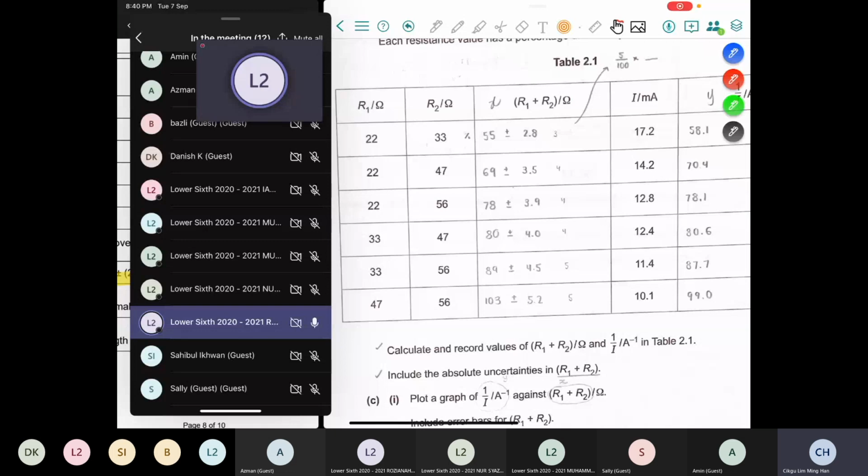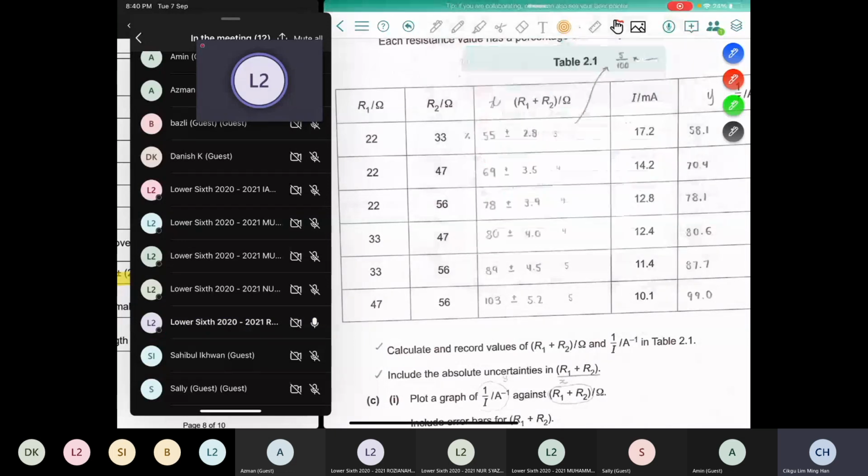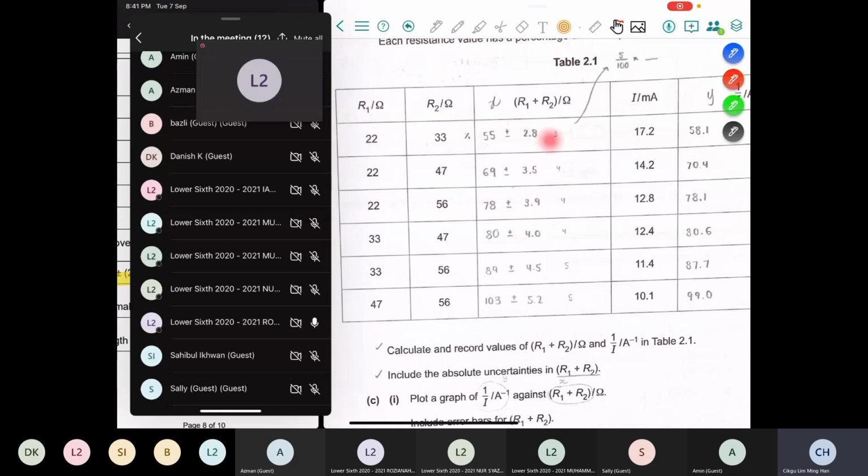About the absolute uncertainty in the table, better we refer to the graph given, sir. It's up to you, Rosiana, but you must refer to the graph given. Because once you draw on the graph, this is hard to draw, the error bar.